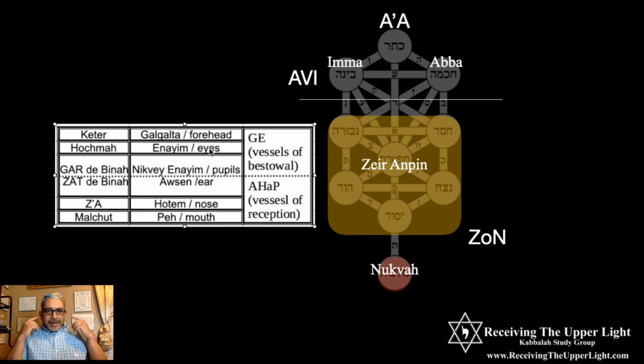The reason that we are using these names of forehead, eyes, pupils, ears, nose, and mouth is basically to utilize the language of branches. So get used to the language of branches. Branches means that we're using language that we know in order to explain concepts that cannot be explained otherwise. So when we say pe, which is mouth, we're not really talking about a mouth.